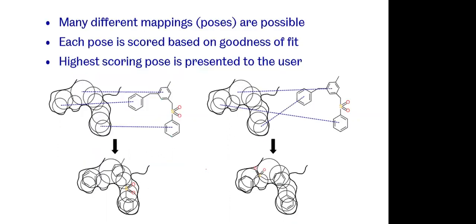The different mappings are termed different possible poses, and each pose is scored based on the fitness between the receptor and the ligand. The highest scoring, best-fit ligand is presented to the user so that it can be considered for further studies.